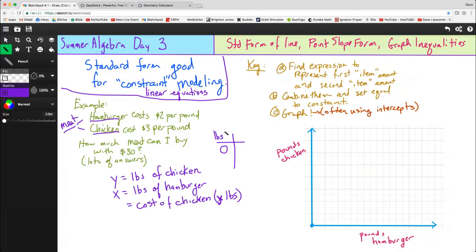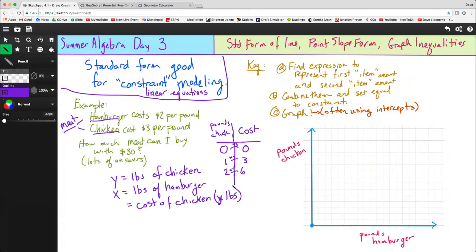Let me write the whole thing out so we can see it. Pounds of chicken, and then the cost. If I have 0, it's 0. If I have 1 pound at $3 per pound, it's 3. If it's 2 pounds, it's 6. It's times 3, times 3, times 3.